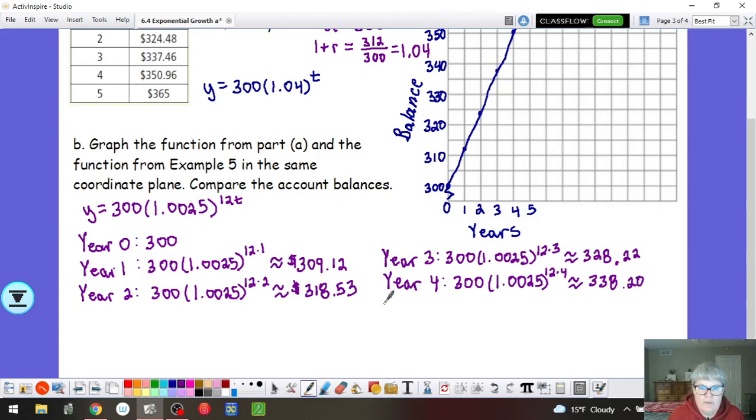And then year 5, we want to take 12 times 5, or the power of 60.